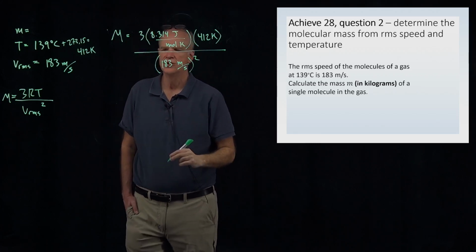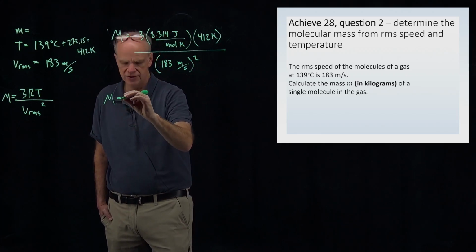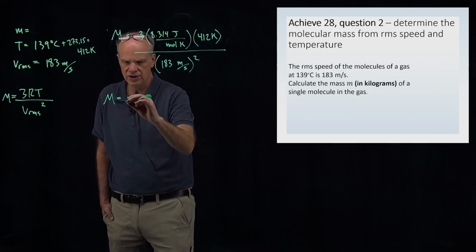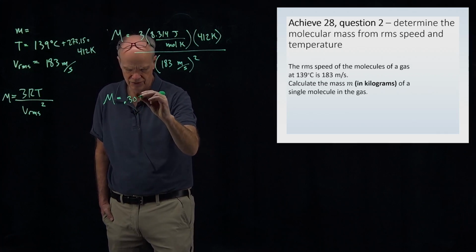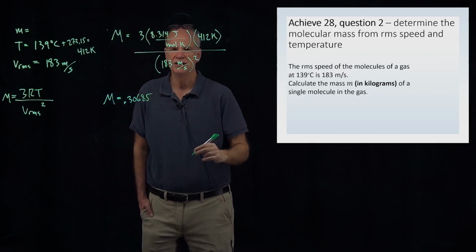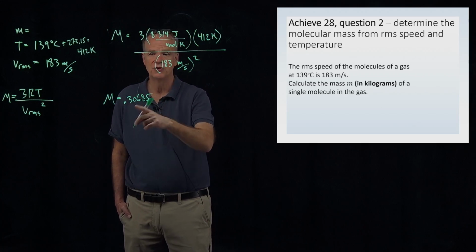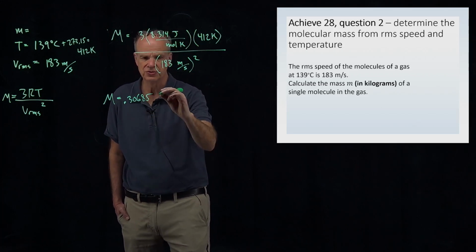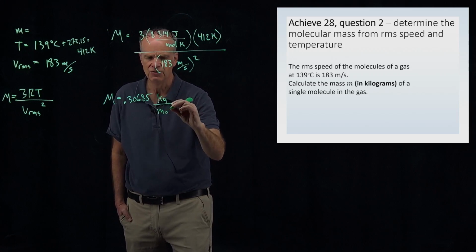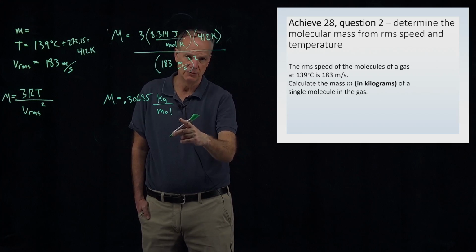If you do the math carefully, what I got is a molar mass of 0.30685 kilograms per mole. I'm just going to use the units I'm told the molar mass is in for this problem, which is kilograms per mole. But they don't want to know the mass in kilograms of a mole of molecules.